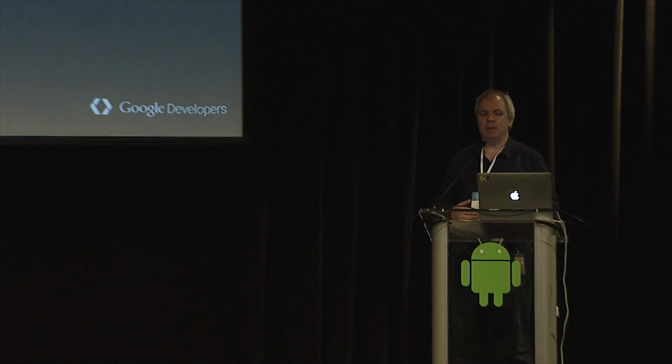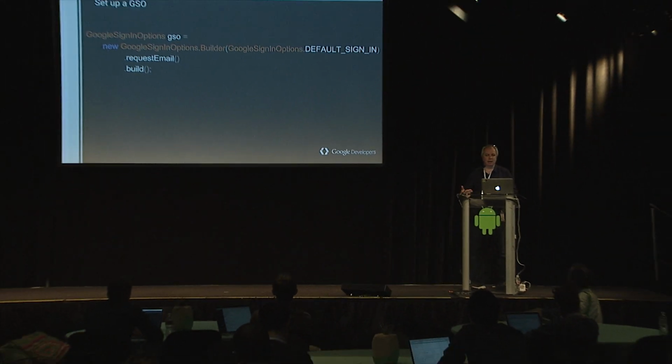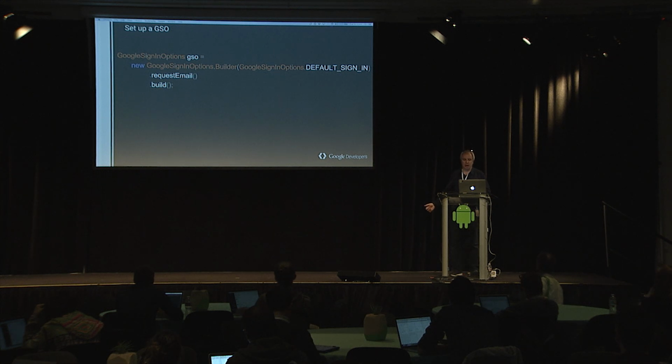First step, instead of connecting directly to a Google API client, the API has this thing called a Google Sign-In Options object, or we just call it a GSO for short. Your first task is to create a GSO, and in this case I'm doing a very simple one. I'm not requesting any additional permissions other than the basic email identifier, thinking about just the person's email address as the thing that they identify themselves with.